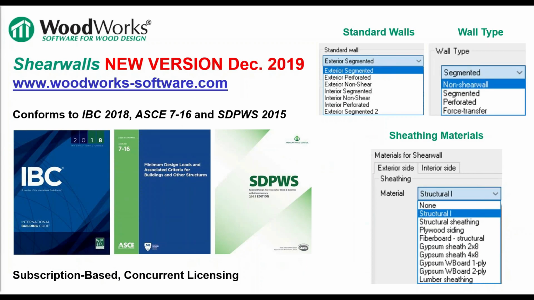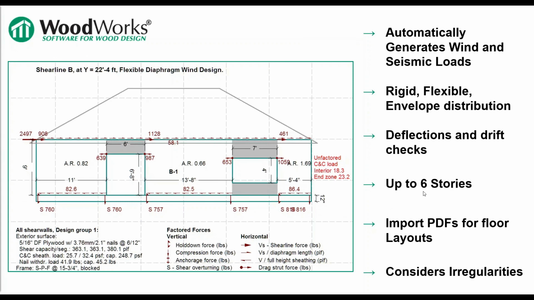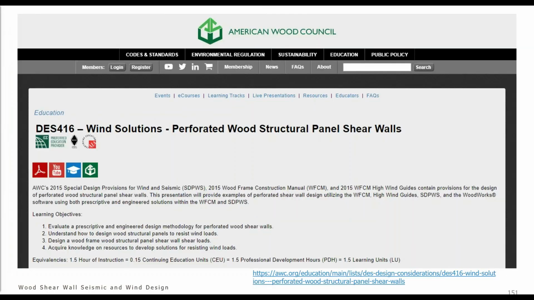They've updated their software for shear wall design to include 2018 IBC and ASCE 7-16, based on the wind and seismic provisions for perforated, segmented, and force transfer around openings for various sheathings. And it's up to 6 stories. They consider rigid and flexible envelope distribution, automatically generate the wind and seismic loads, et cetera.